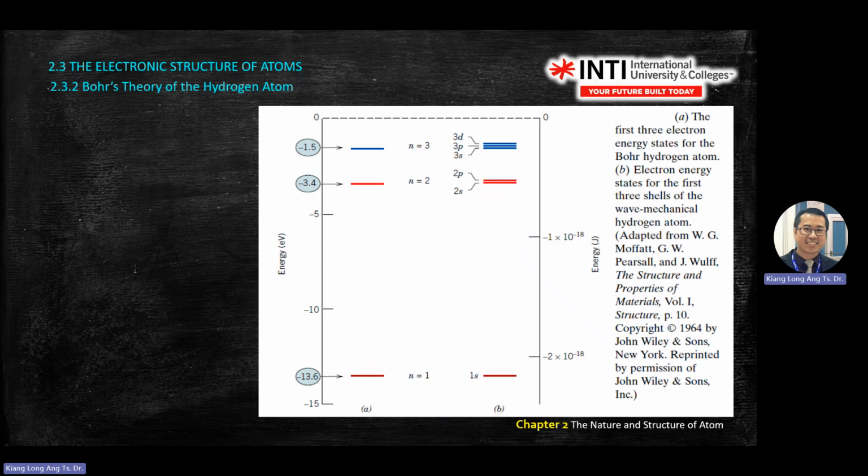Now, if you see number 3 and number 2. So if you understand, what is the energy for the hydrogen electron at orbit number 3 to drop to number 2? 1.9. How do you get this answer?